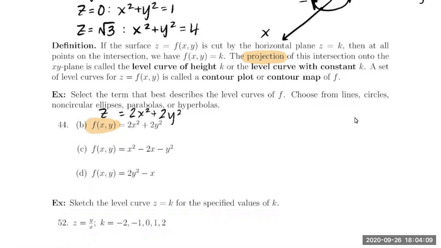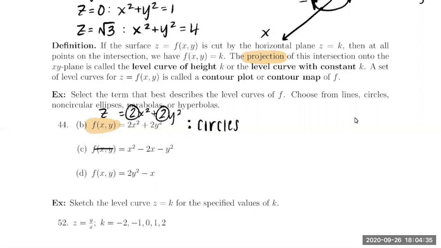Which one is it, right? Because we have two different choices. We have circles and non-circular ellipses. Because the weights in front of these squared terms, or the quadratic terms, are equal, 2 and 2, we can conclude that this level curve is going to be a circle. All right. Or I should say circles, right? Because we can change our value for z.